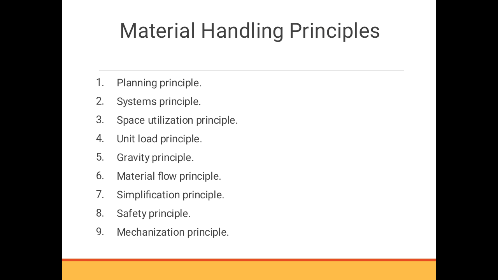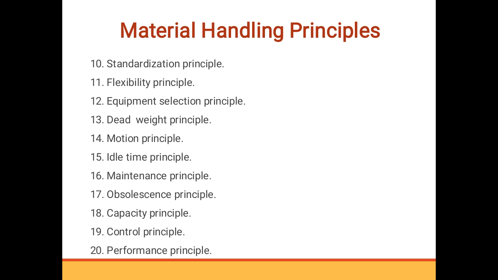Next, if we consider the material handling process, it has to follow certain principles like planning principle, systems principle, space utilization principle, unit load principle, gravity principle, material flow principle, simplification principle, safety principle, mechanization principle, that means automation. Then standardization principle, that means the material handling system should be the standard one.